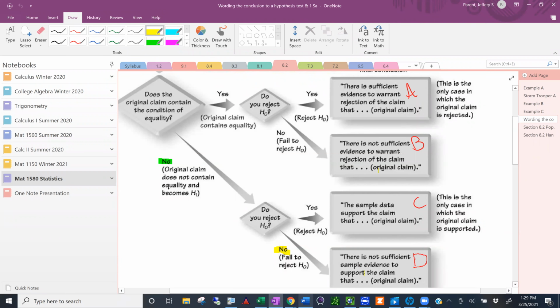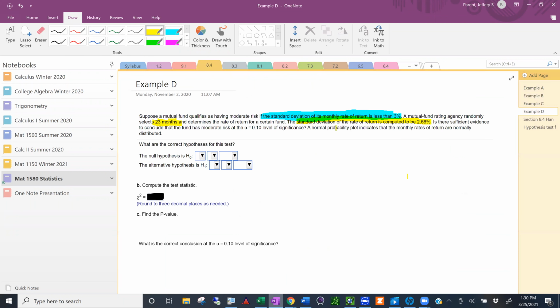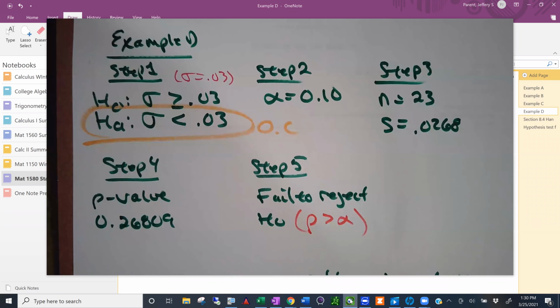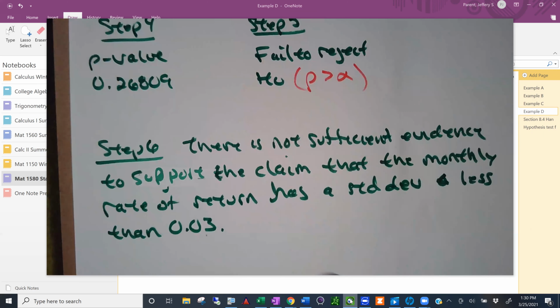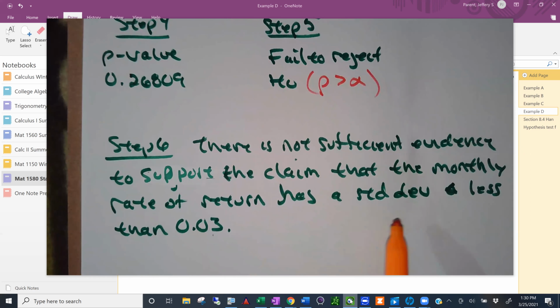There's not sufficient sample evidence to support the claim that, and then you've got to state in words some version of what that original claim was. In this case, the standard deviation of its monthly rate of return is less than 3%. Now, I didn't use exactly that wording, but I have something in the same spirit: that the monthly rate of return has a standard deviation less than 0.03. Saying the same thing.